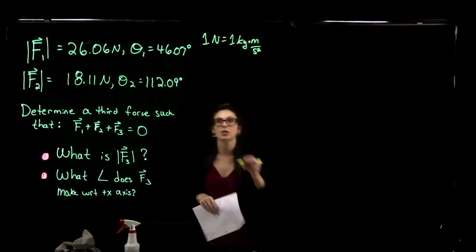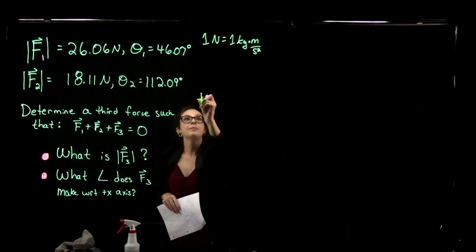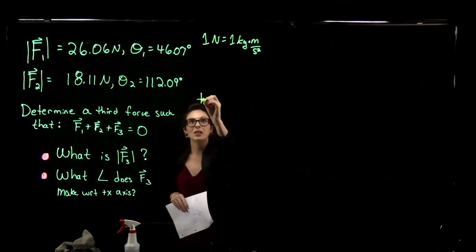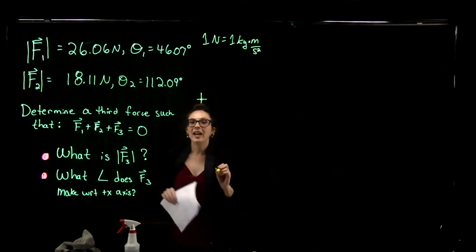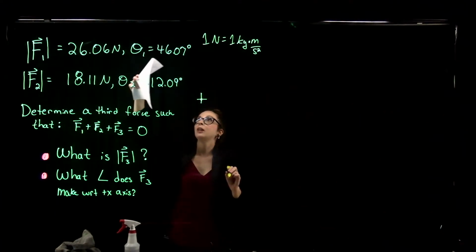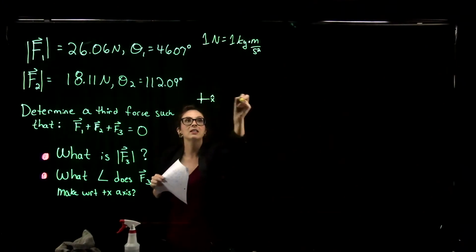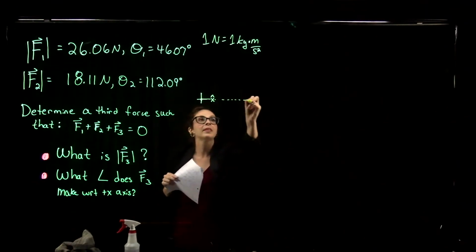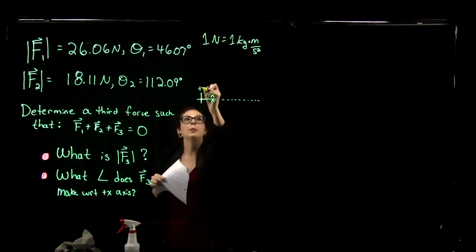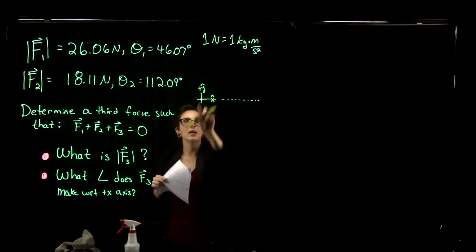Let's make a sketch. So here I've got the origin of some coordinate system. And I know that this vector is 46.07 degrees with respect to the positive x-axis. So that's this way, and then up is my positive y-axis.